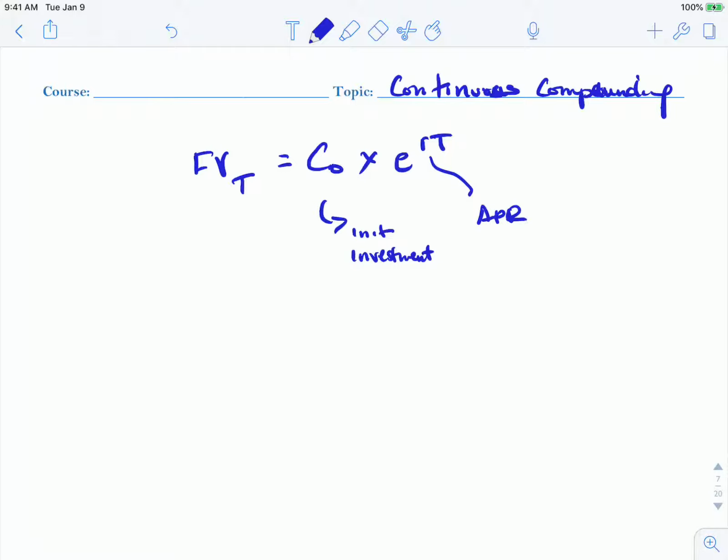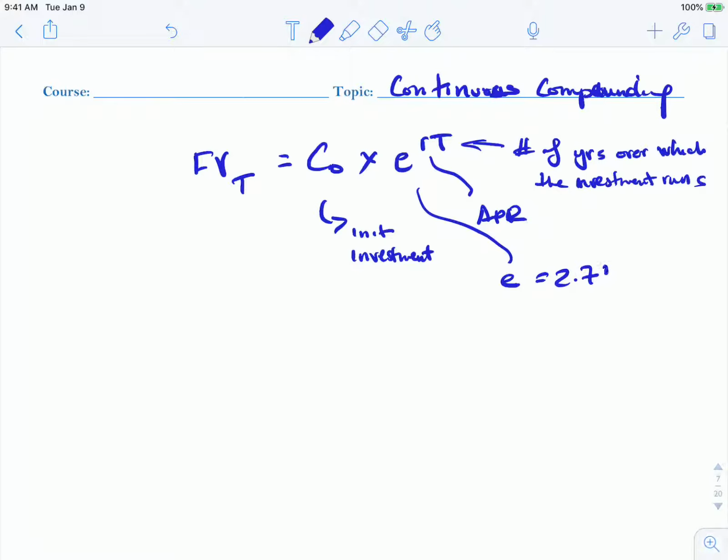T is the number of years over which the investment grows, and e is the constant, approximately equal to 2.718, I think.